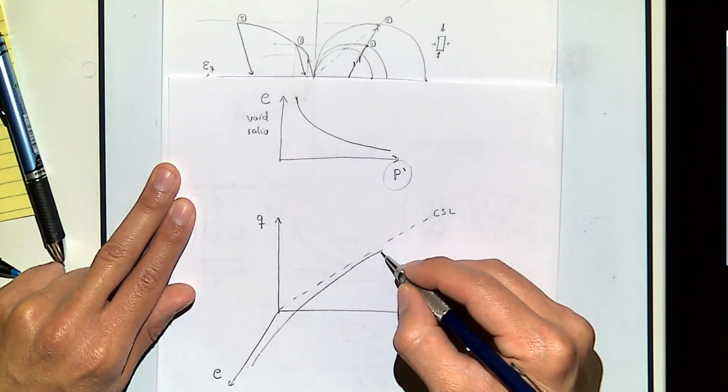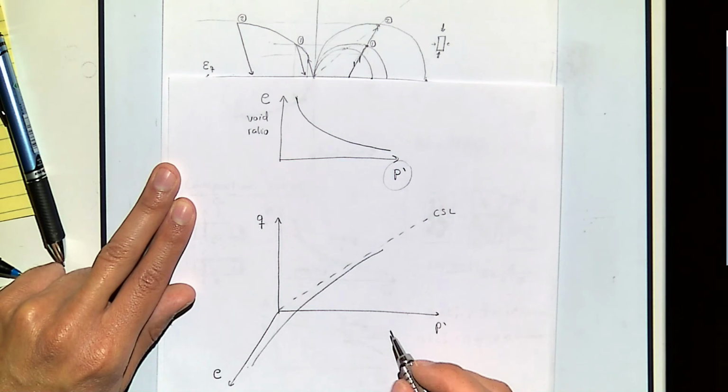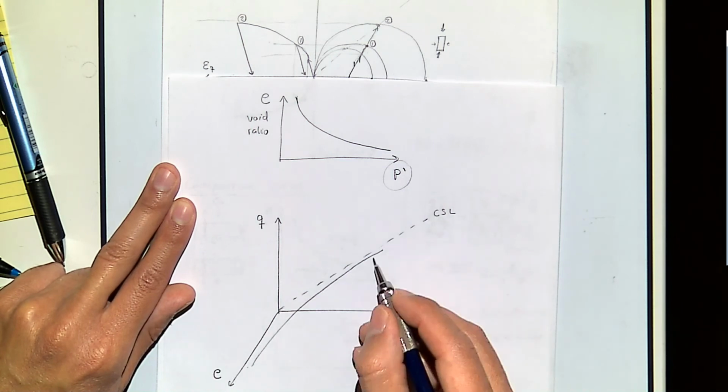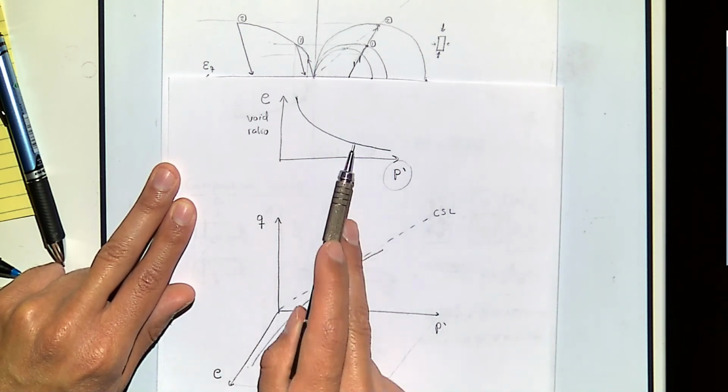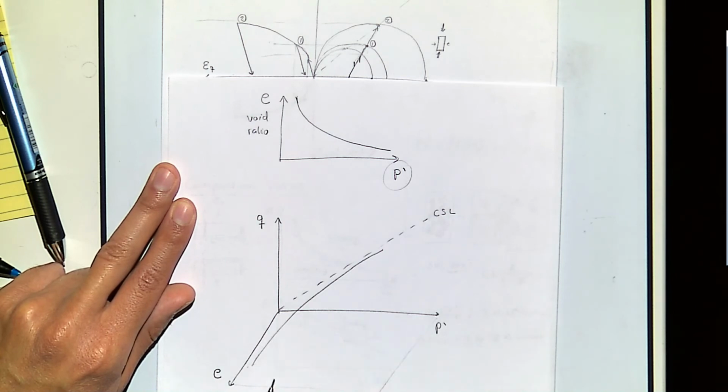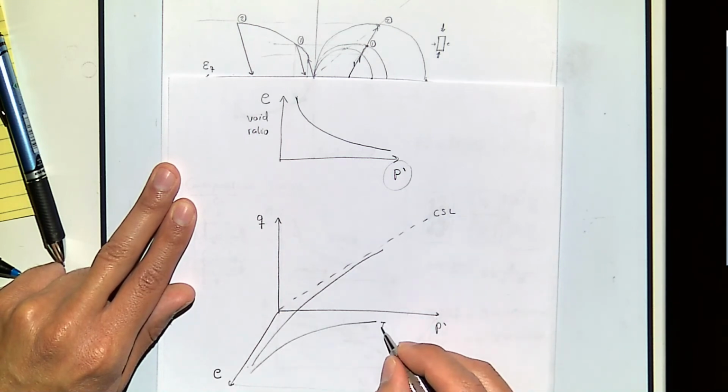And this is a line that projects, this is in a three-dimensional space, but if I were to put this curve into this plane, e versus p prime, it's going to look something like this, and this is called the isotropic consolidation line.